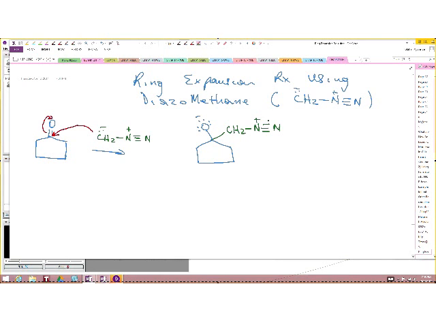Okay, now what is going to happen? We are going to reform the carbonyl, right?